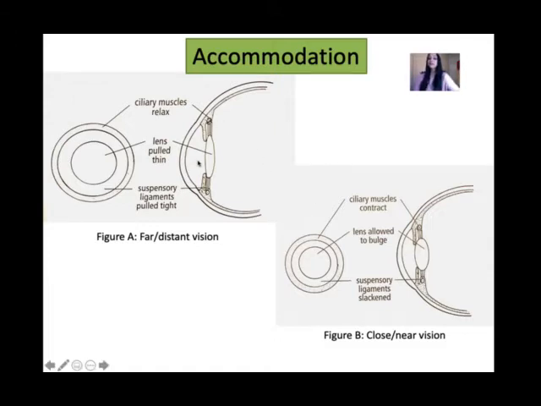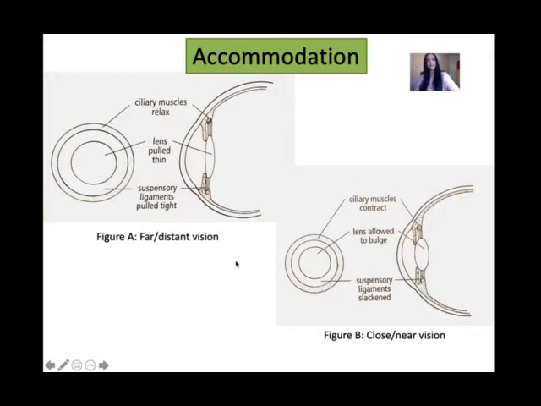Can you see that figure A has a lens that's thin and long and narrow? And figure B has a lens that's more rounded and more fat and thick in the middle? Well, what happened? Our lens had the ability to change its shape. Okay, so what else do I understand?